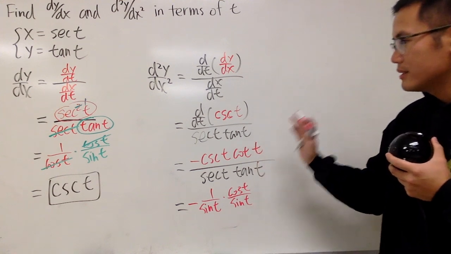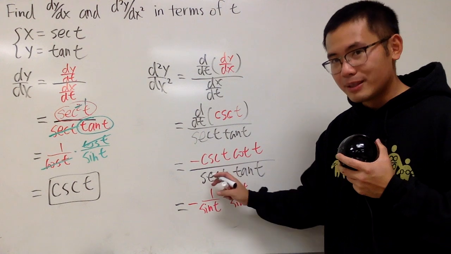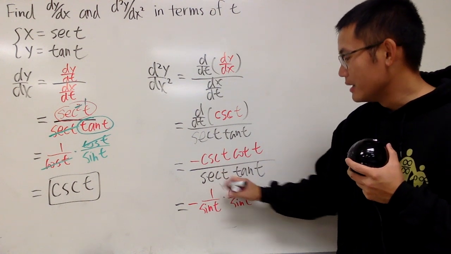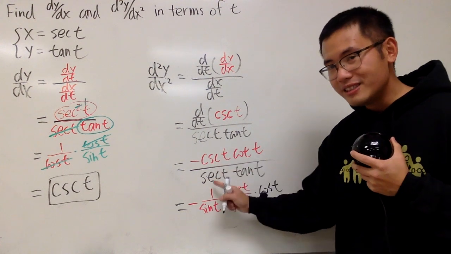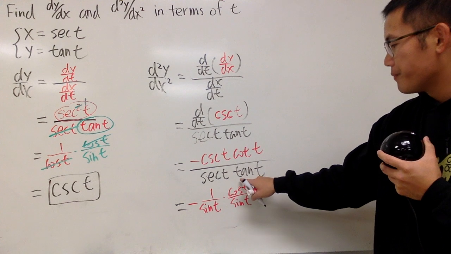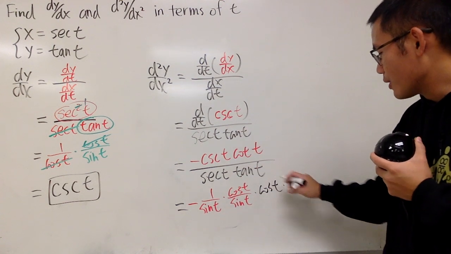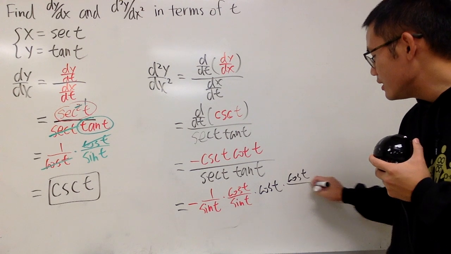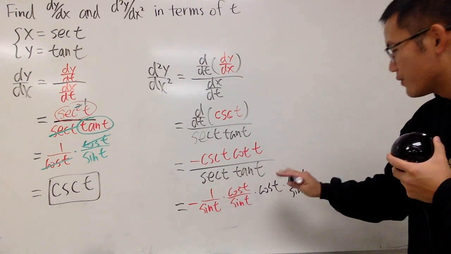Then this secant on the bottom is the same as cosine t, since 1 over secant is the same as cosine. And then 1 over tangent is again the same as what we talked about earlier, which is cosine t over sine t. So this and that is for this.